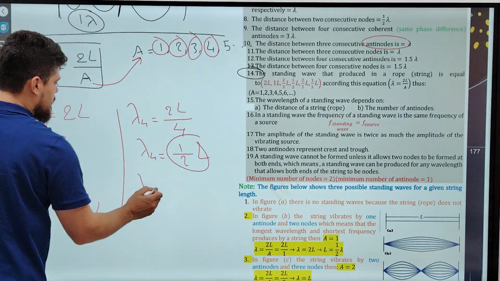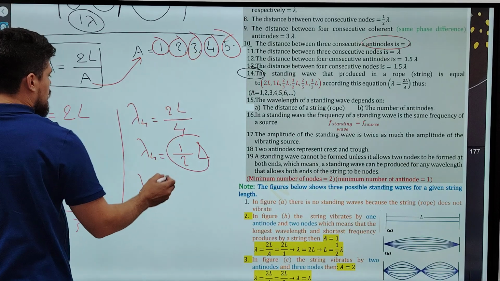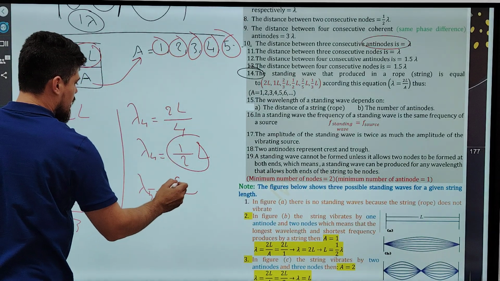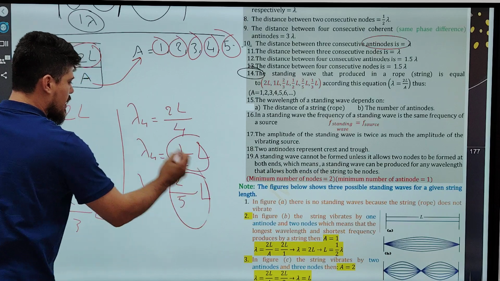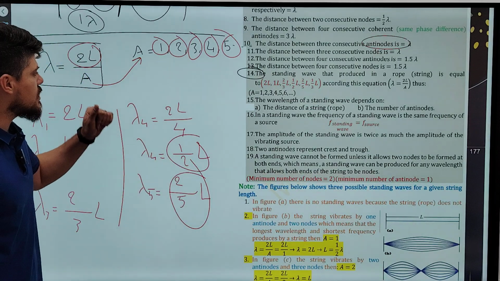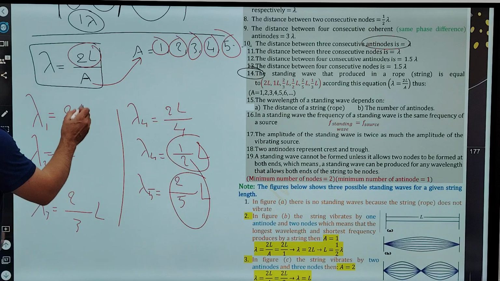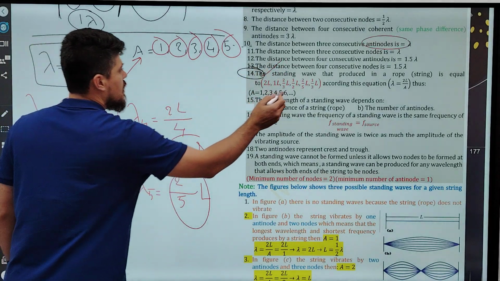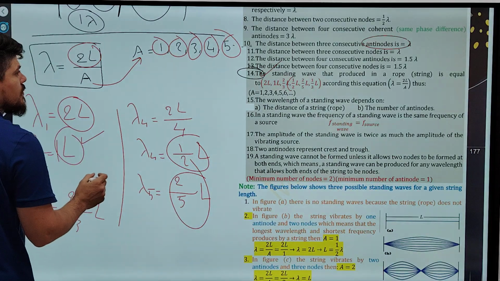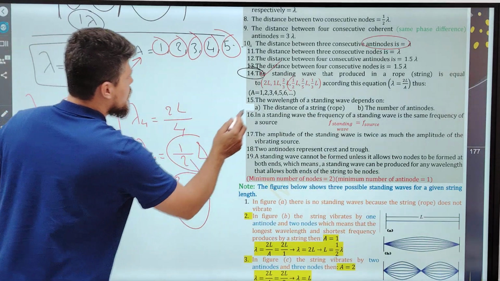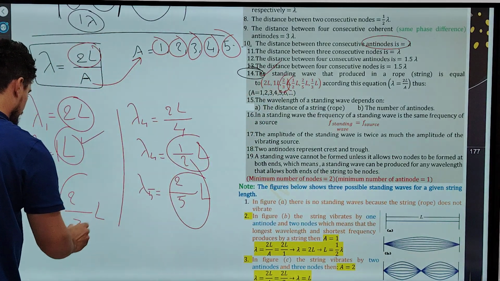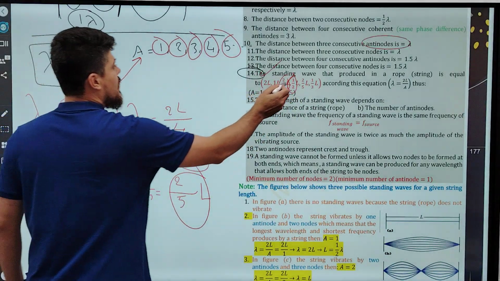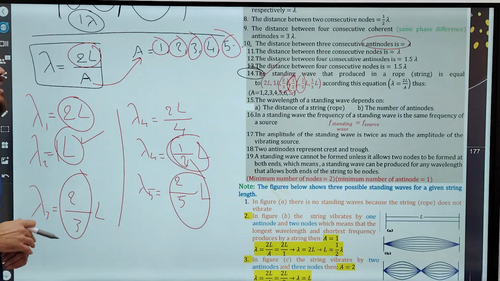For the fifth one, 2L over 5. It means that 2 over 5L. Okay? So in the standing wave for the string, wavelength is equal to what? 2L, L, 2 over 3L, 1 over 2L, 2 over 5L, 1 over 3L, and so on.